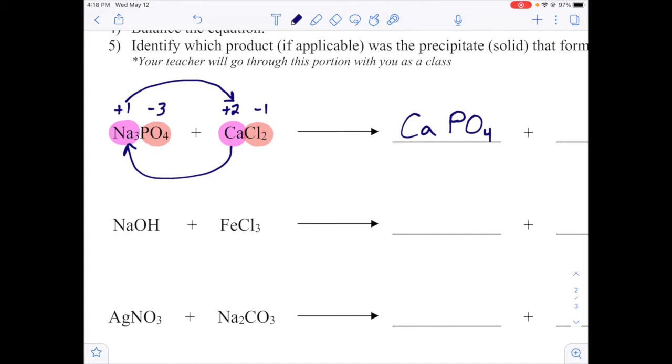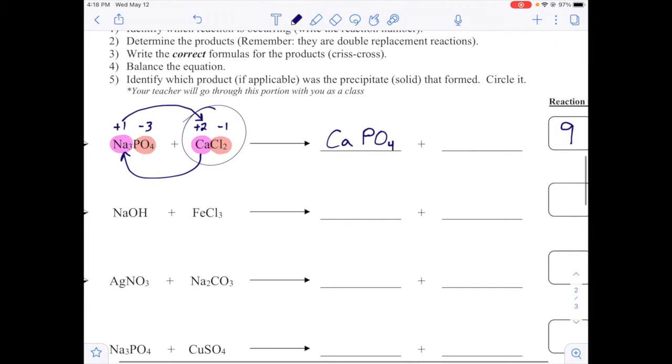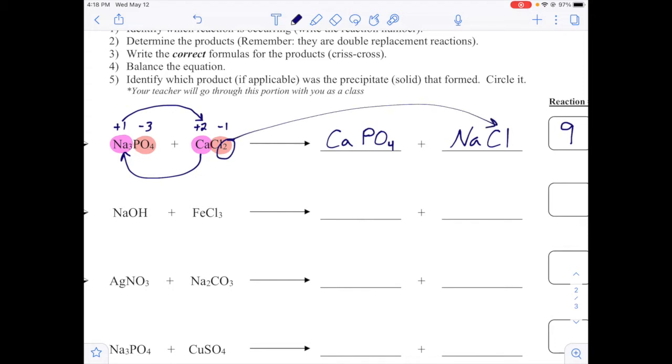I just write the positive and the negative together. That means that sodium is now over on the second compound, the new compound. You're going to have sodium matched up with chlorine.